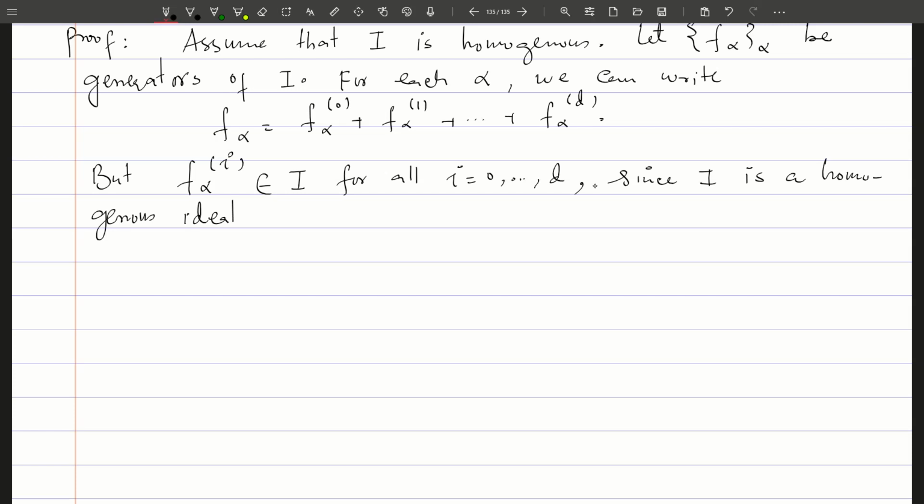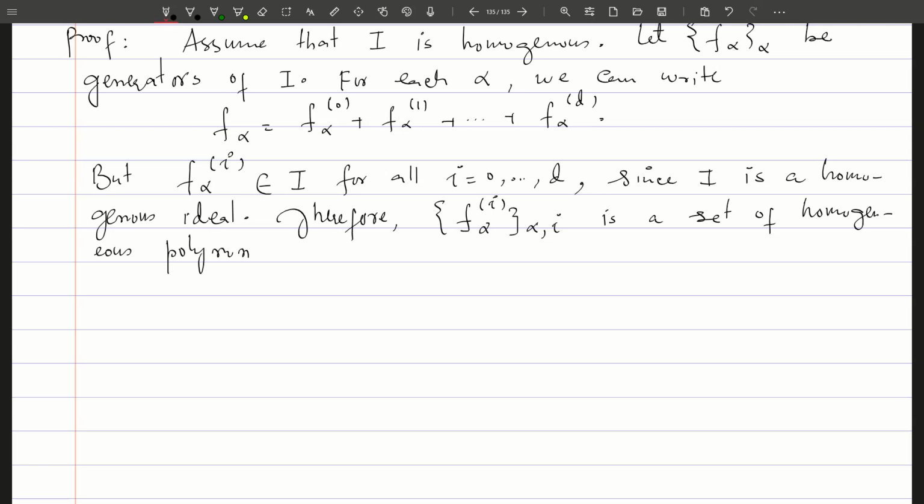Therefore, this collection of f alpha i is a set of homogeneous polynomials which generate I.